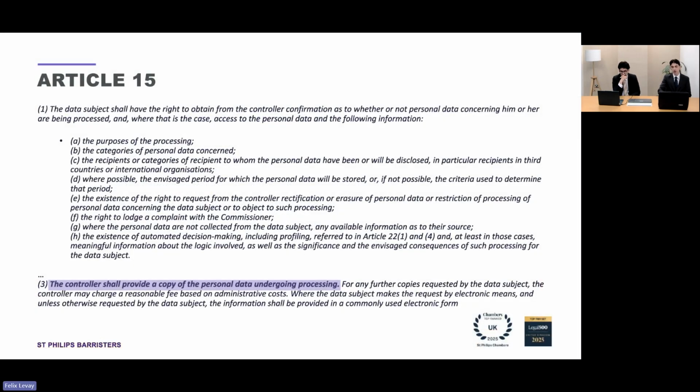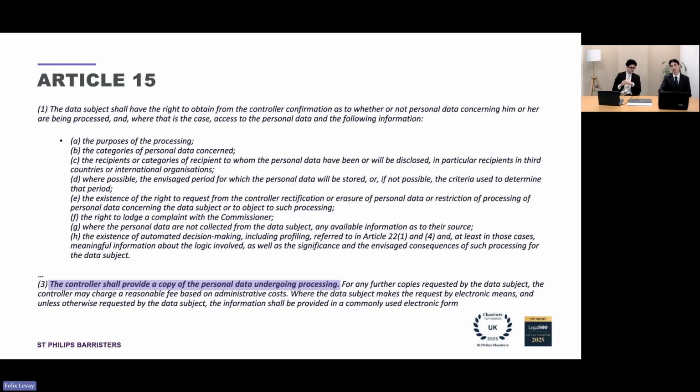In summary, the UK GDPR gives individuals, the data subjects, rights concerning their personal data, and it places on data controllers, in this case the employer, and data processors, duties to protect those rights. The one we're really concerned about today is the data subject's right of access to their personal data. We've set out on the slide Article 15 UK GDPR, which is where the right is enshrined.